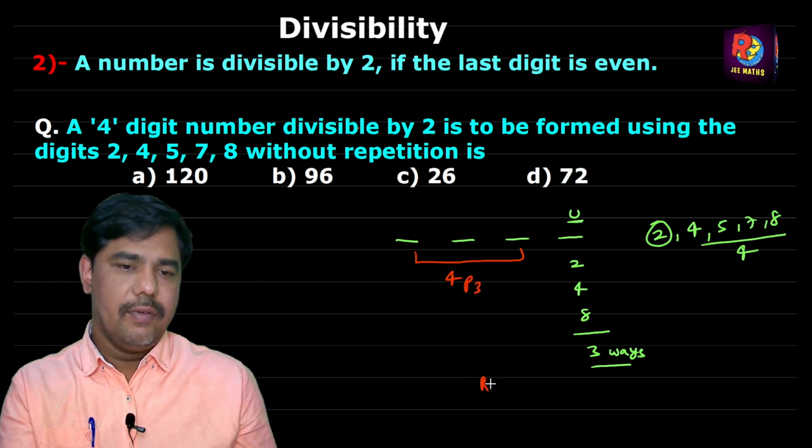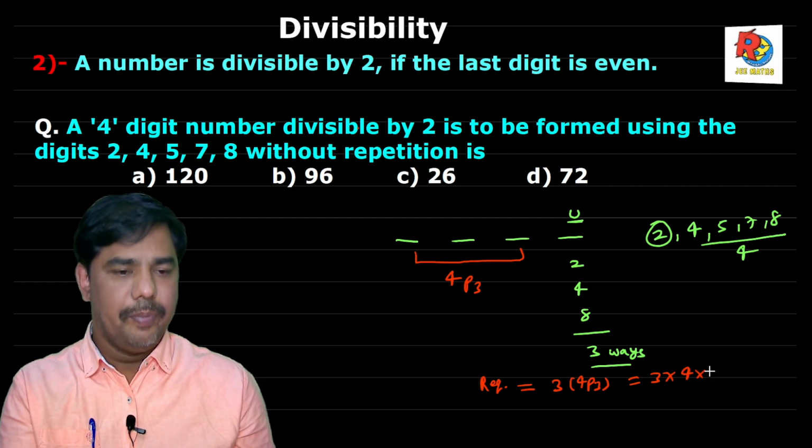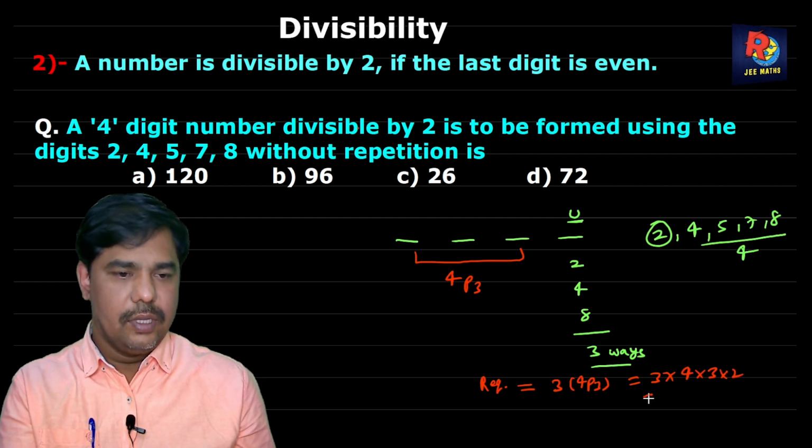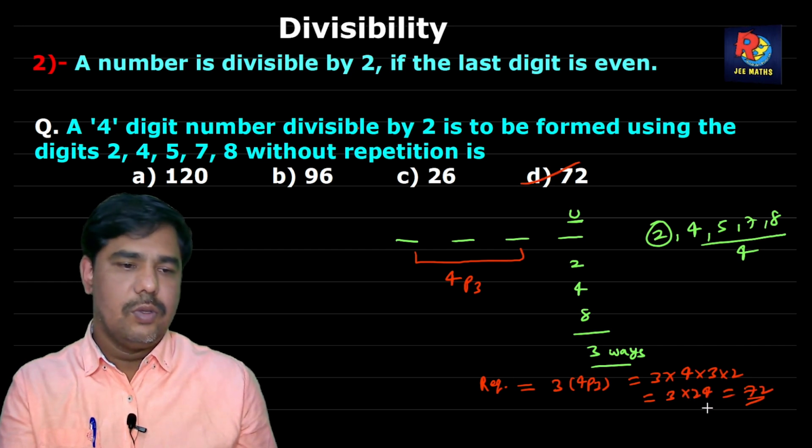So the required answer is 3 into 4P3, which is 4 into 3 into 2. Therefore, 3 into 24 equals 72 is the answer. So option D is the correct answer.